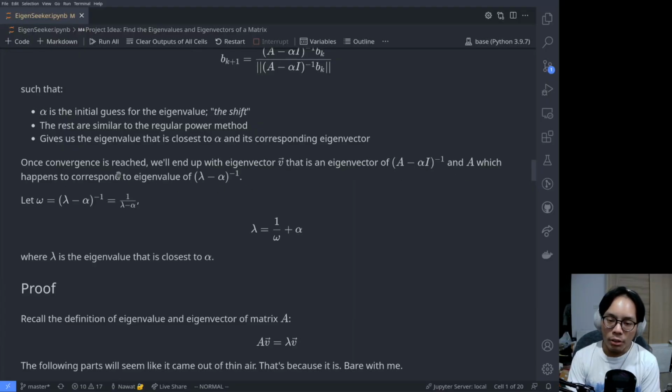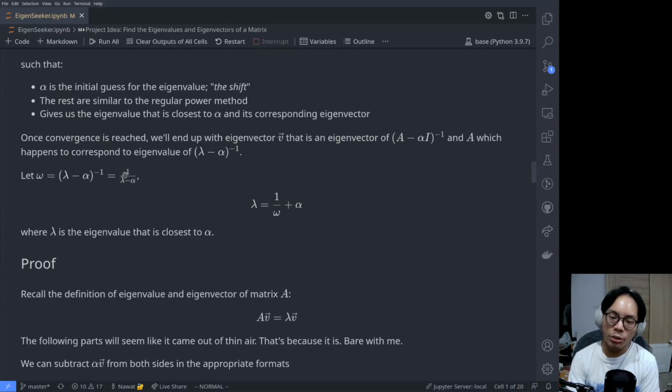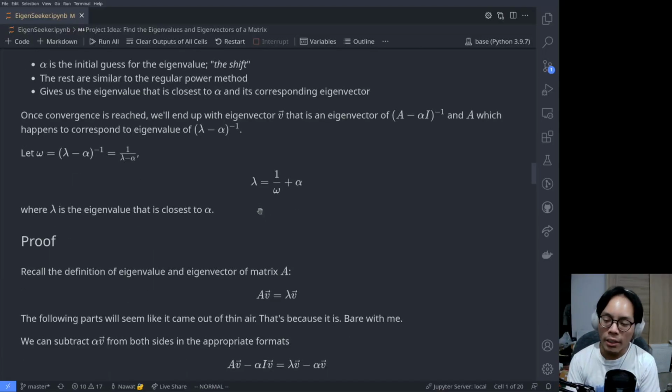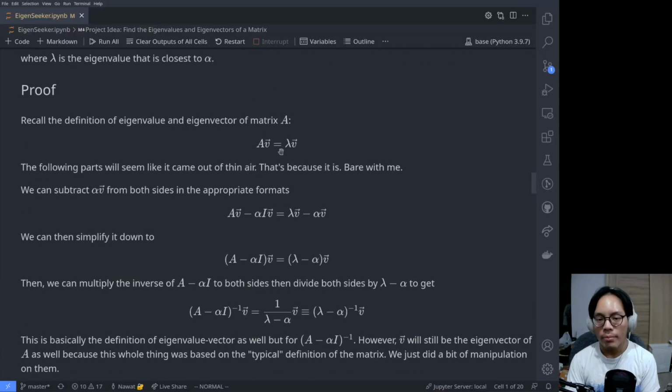It's going to correspond to the eigenvalue (lambda minus alpha) to the power -1. And if we let this value be omega, then we can do some algebra to figure out the original eigenvalue, or lambda.